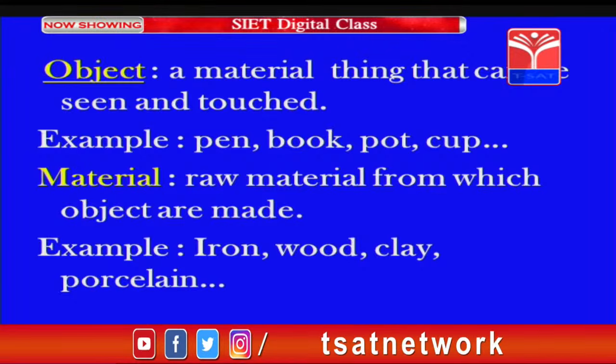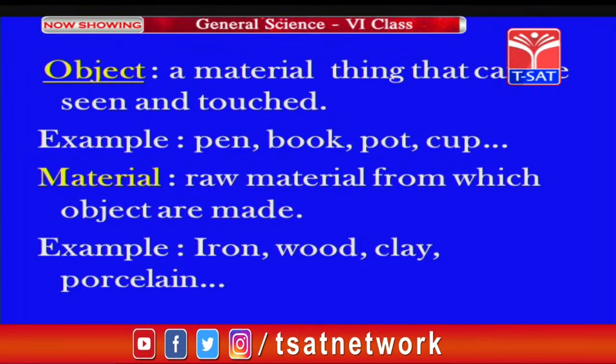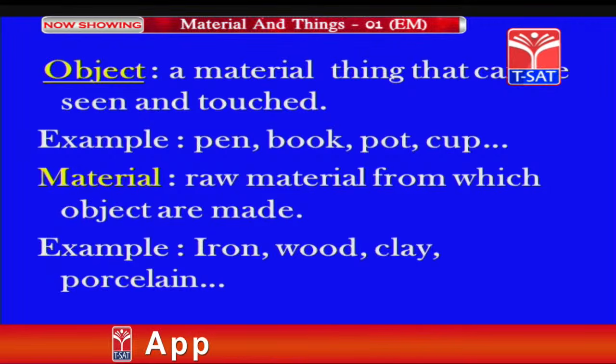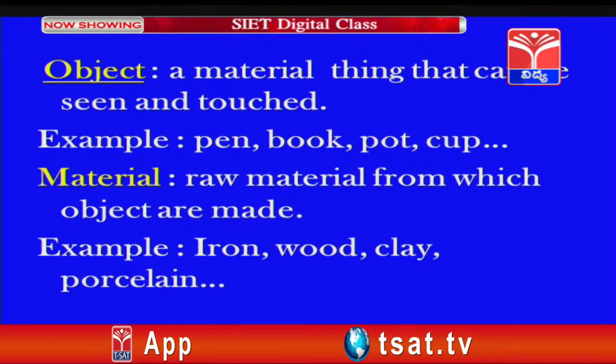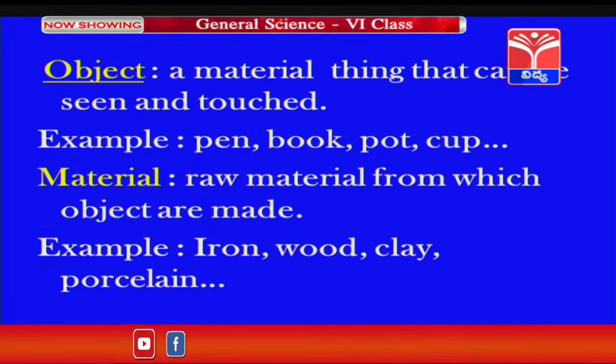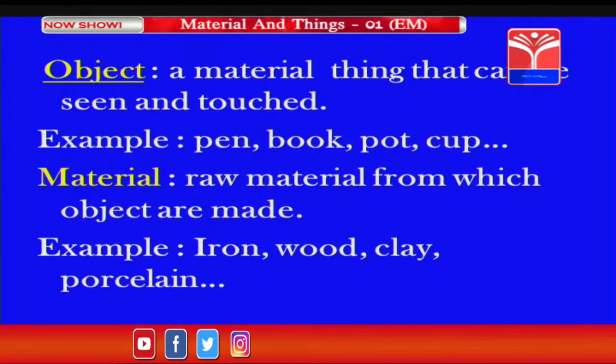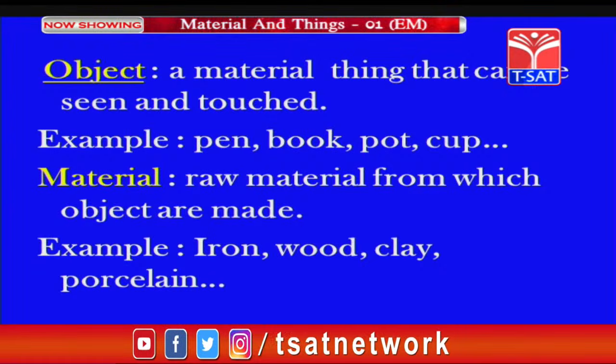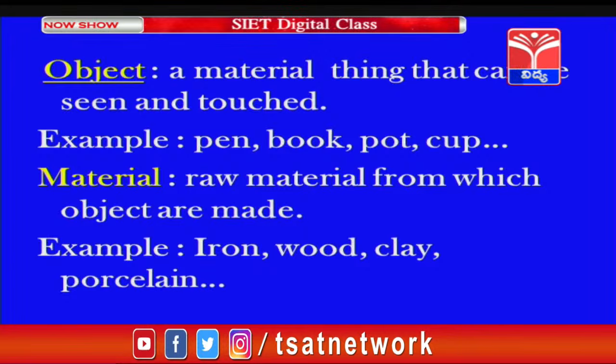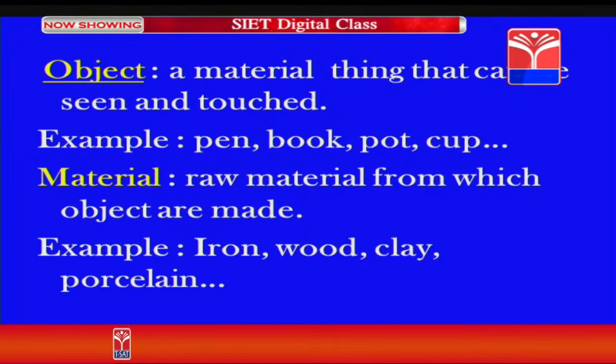Then what is material, children? A raw material from which these objects are made. Example, iron. Children, do you have an iron chair at your house? Yes, you will be having an iron chair, iron door or compass box, which is also made up of iron. All these objects are made from iron.